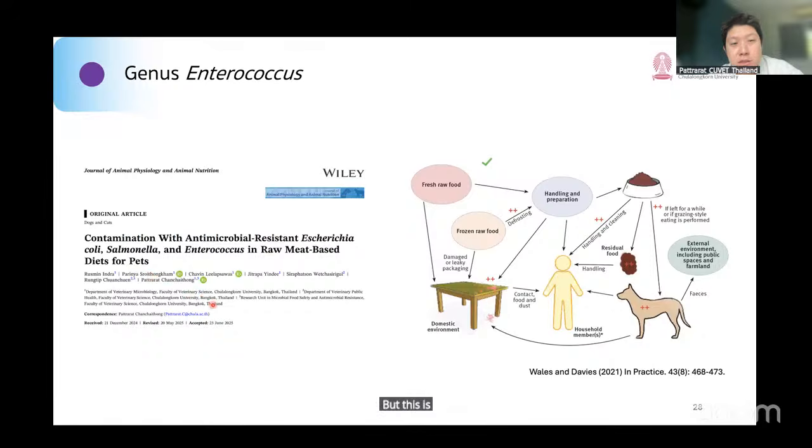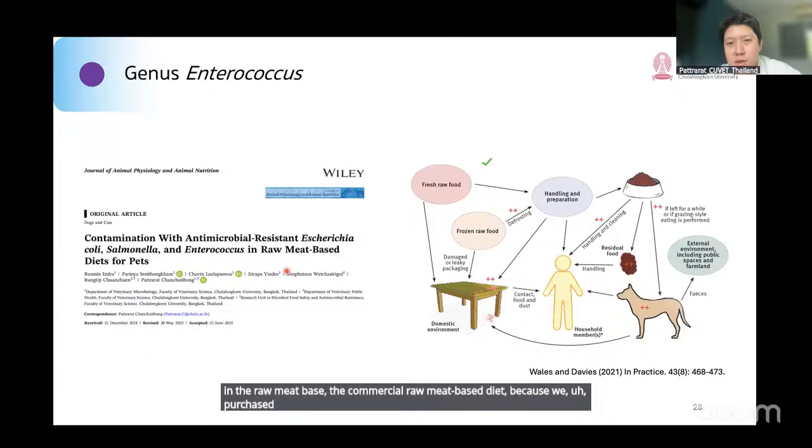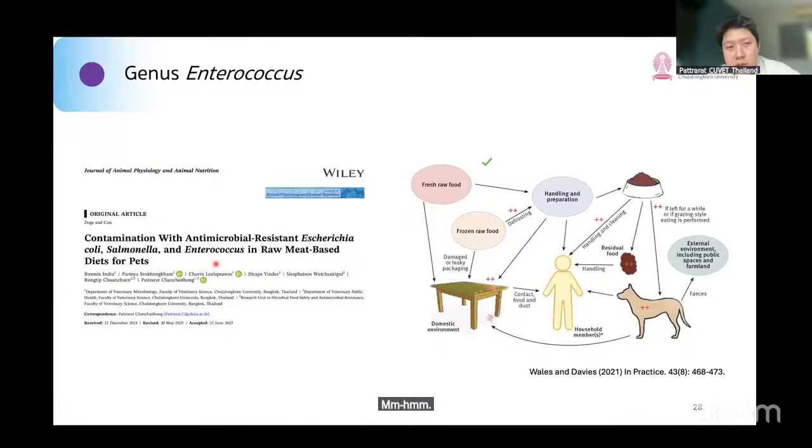But this is a risk because there are many foodborne bacterial species contaminating the commercial raw meat-based diets, which we purchased from pet shops and online. 100% were contaminated with Enterococcus faecalis and faecium.